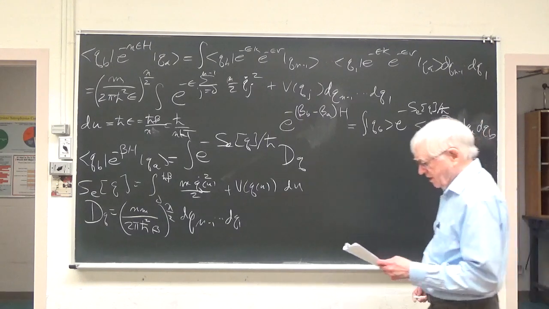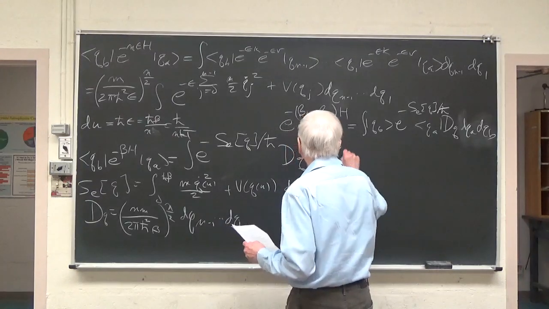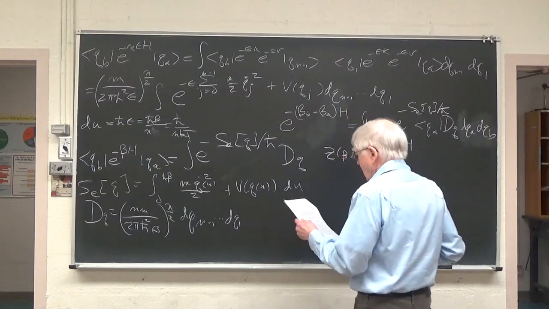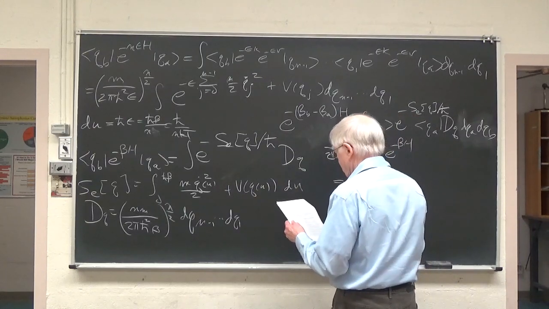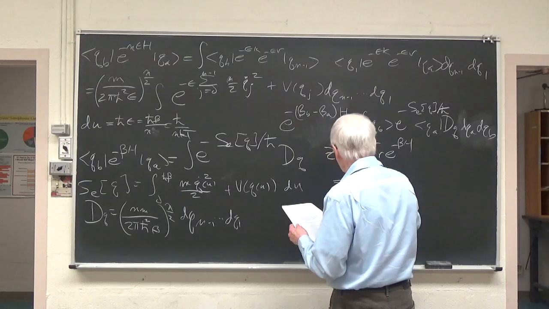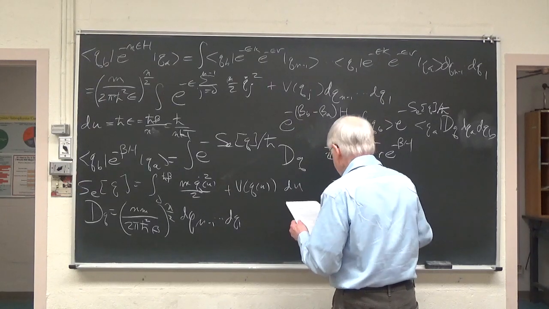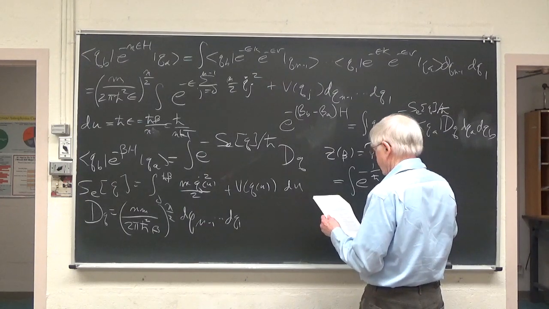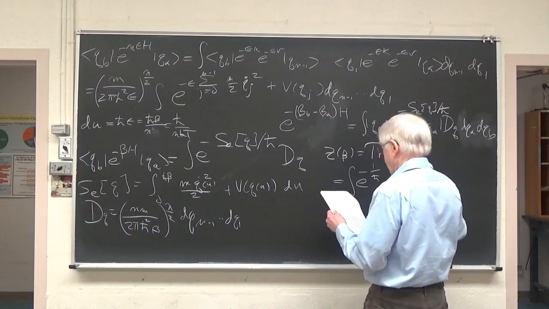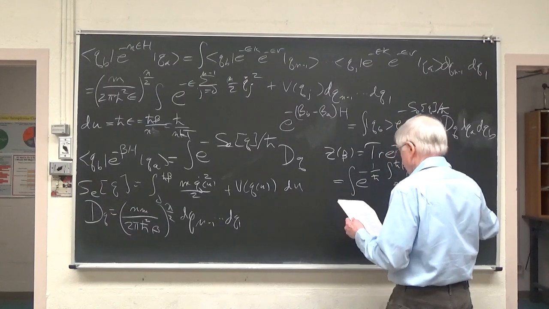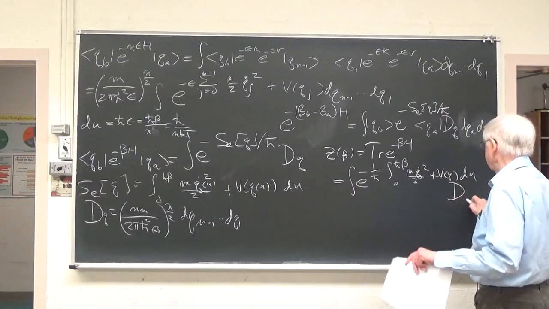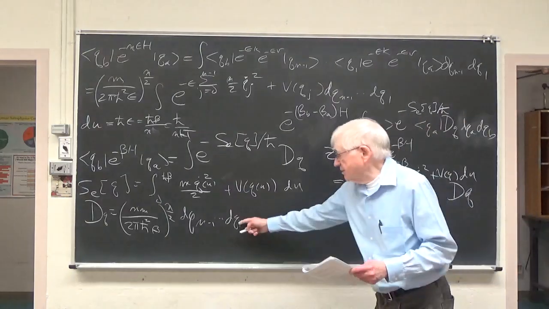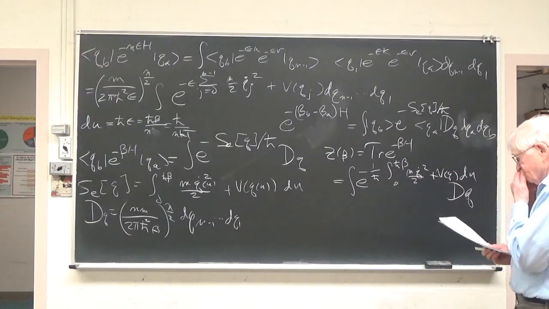Now, of course, the partition function then is trace e to the minus beta h. And so this turns out to be a rather nice path integral. It's e to the minus 1 over h bar, integral 0 to h bar beta, m q dot squared over 2 plus v of q du times dq, where dq is the same expression there.